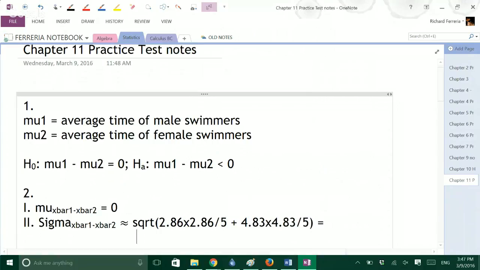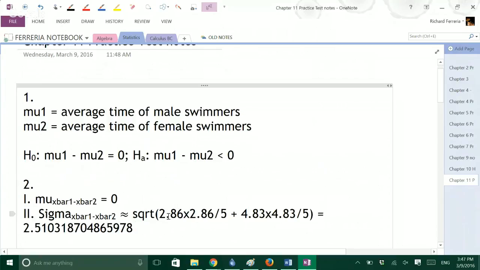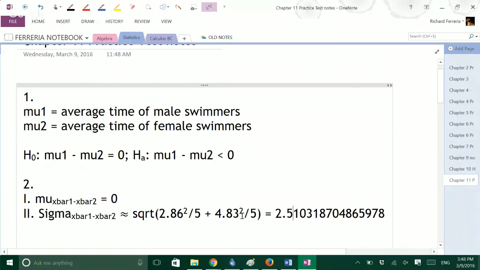It gives us this ungainly number. No problem. Just clean this up for you just a little bit. And let's just use 2.51. So that's the standard deviation of my sampling distribution.